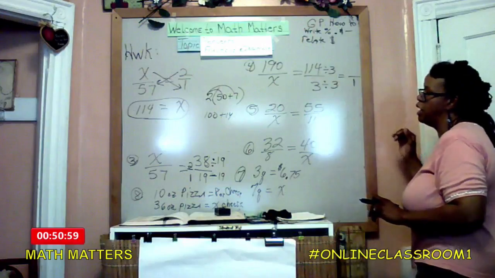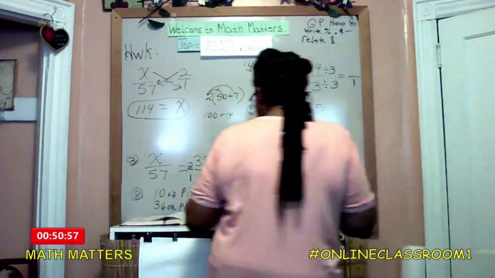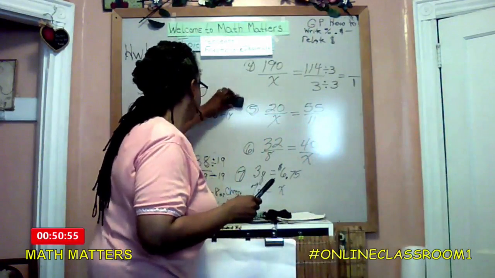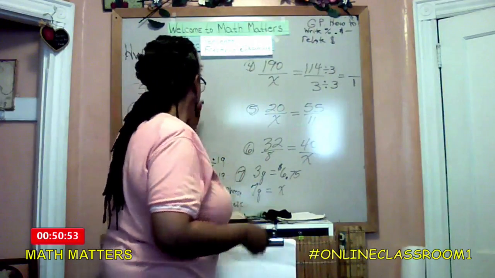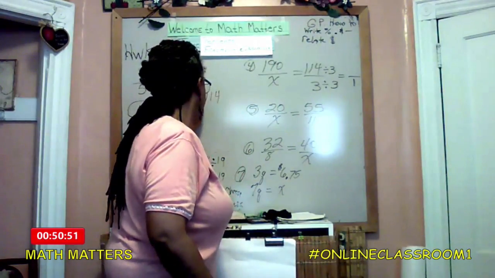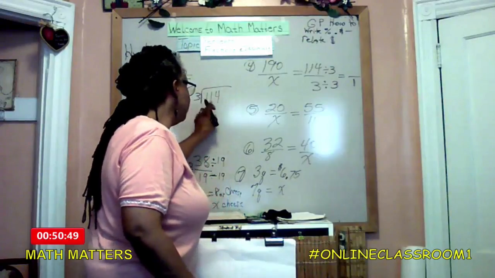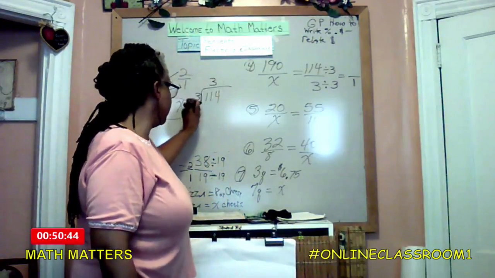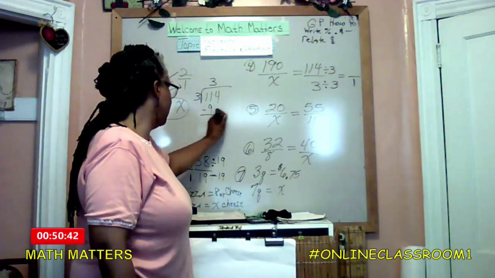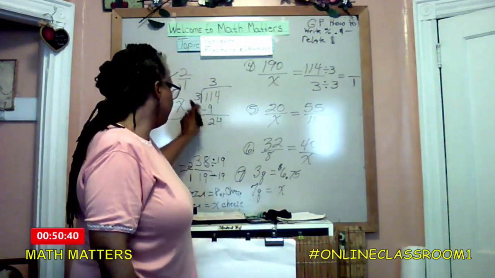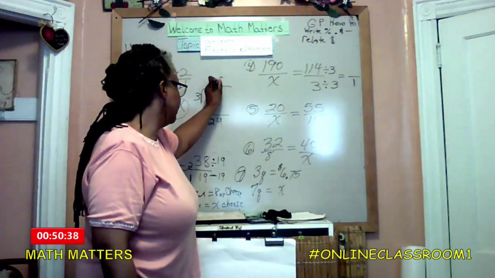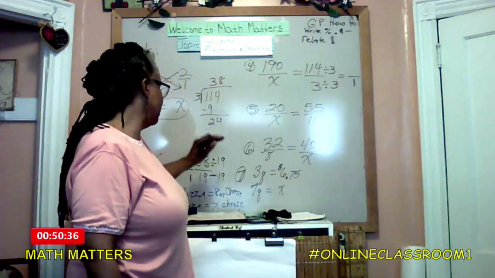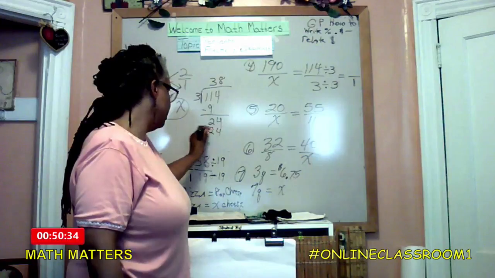114 divided by 3. Let's do that in a sidebar. 3 goes into 11 3 times. 3 times 3 is 9. Come down with 24. 3 goes into 24 8 times. 8 times 3 is 24.